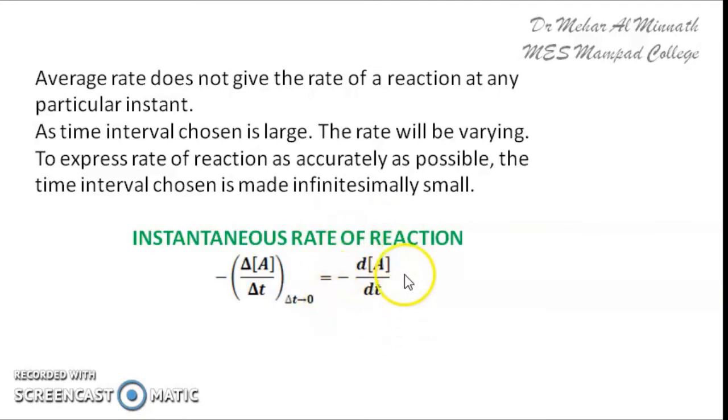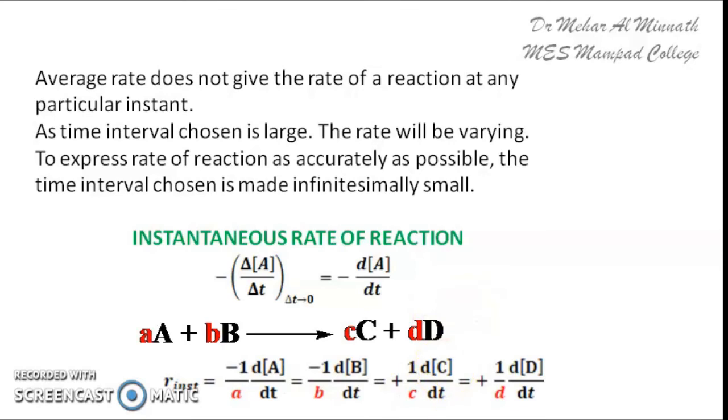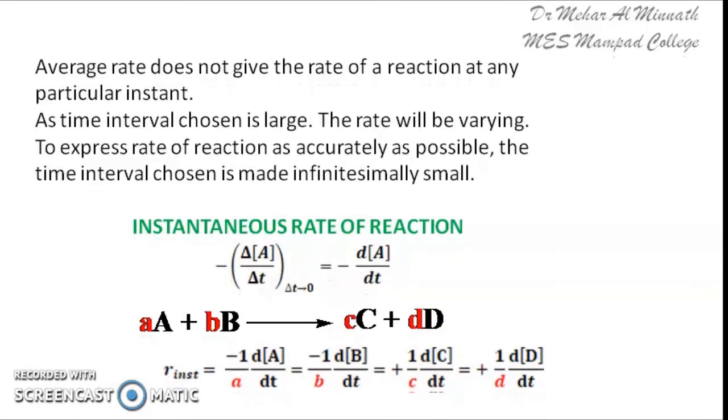So we introduce this particular term for the rate of a reaction. So that will be the instantaneous rate of a reaction, and our expression will change to, for this reaction aA plus bB giving cC plus dD, the instantaneous rate of a reaction will be minus 1 by a, d[A] by dt.